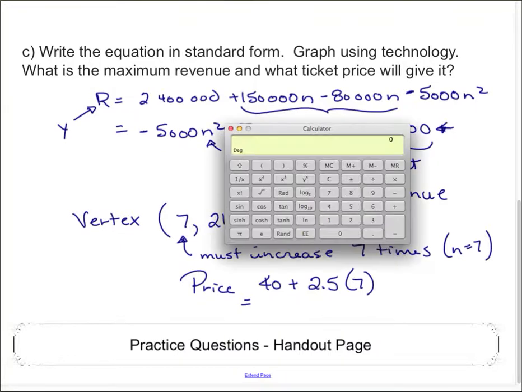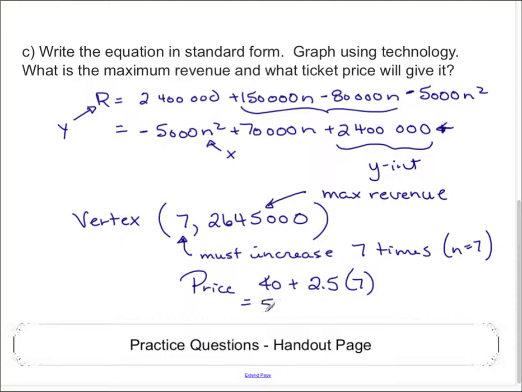So what does that mean? Well, that means we got $40 plus 2.5 times 7, which means we need to sell tickets for $57.50. And what we were really looking for there was the vertex point, which we got from our graph.